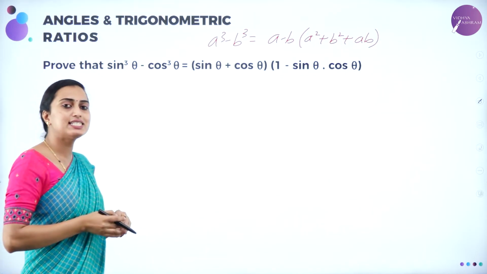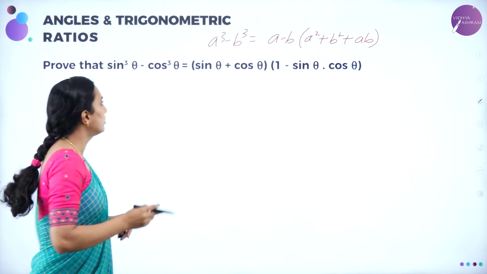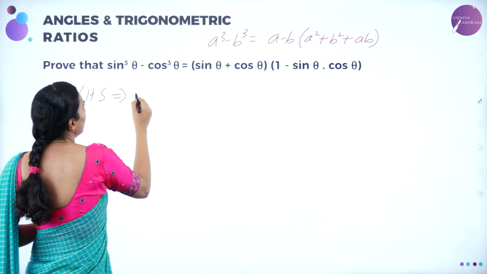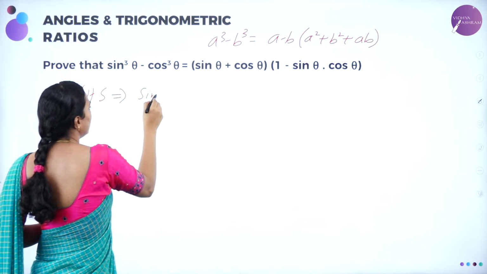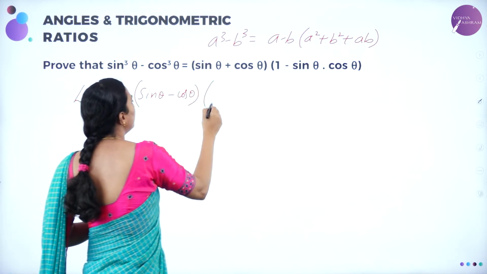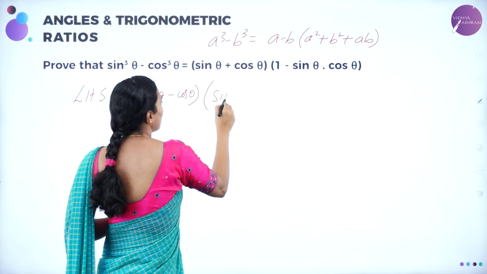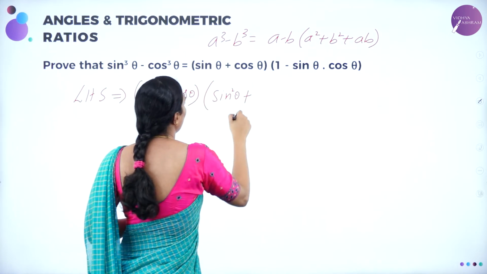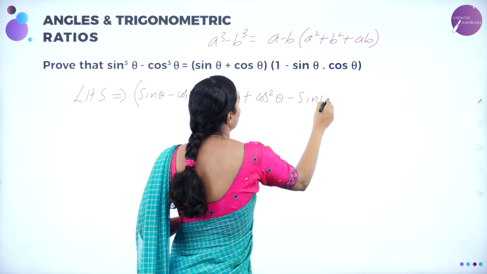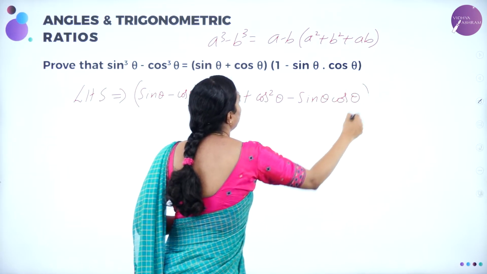Taking a as sin, b as cos, you are going to have left hand side: I am writing it as a minus b, that is sin theta minus cos theta, into a squared, that is sin squared theta, plus cos squared theta, plus sin theta into cos theta, ab.